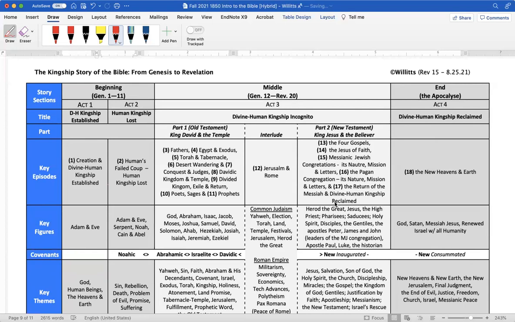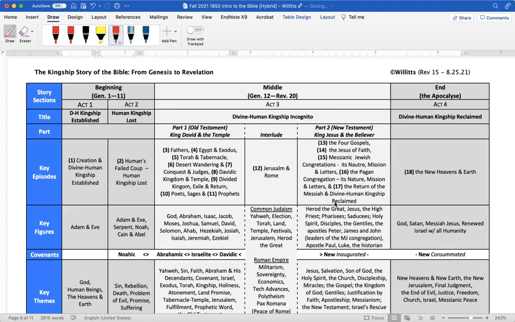We're treating the Bible as a unified story. If you look at the top rows, you have story sections, you have titles of those sections. The Bible's story has a beginning, Genesis 1 through 11, the middle, Genesis 12 through Revelation 20, and the end, the apocalypse, Revelation 21 and 22.